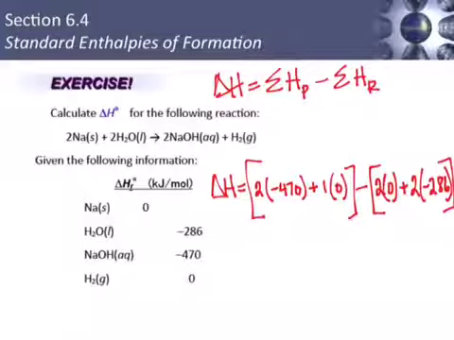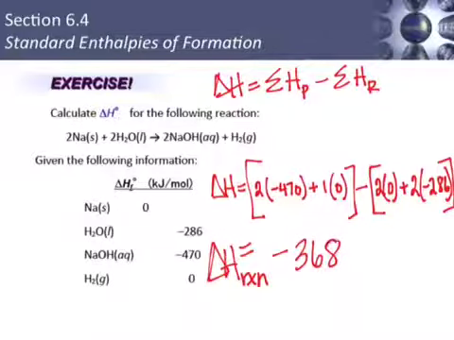So do what you have to do to get that into the calculator and get me an answer to 3 sig figs. Negative 368. And that is kilojoules per mole of the reaction.